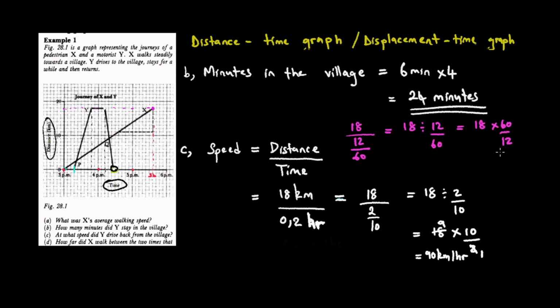But 12 goes into 60 five times. So 18 times 5 is 90. So you see that you get the same answer. You can take either approach you want and get the same answer. So C is done. Do you have any questions on C?